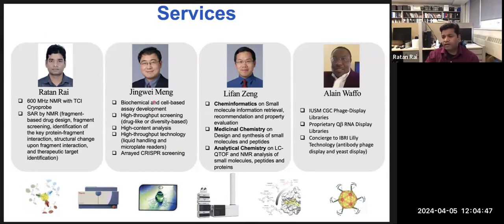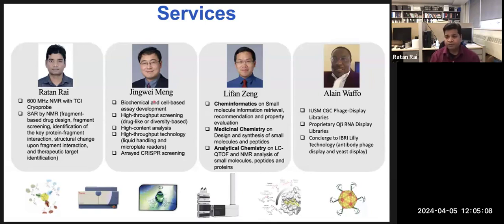He also added a new addition to the existing high-throughput technology, which is CRISPR screening, to identify novel drug targets in the signaling pathway of your research interest. And he has also acquired a new DNA-encoded library for high-throughput screening for drug designing.